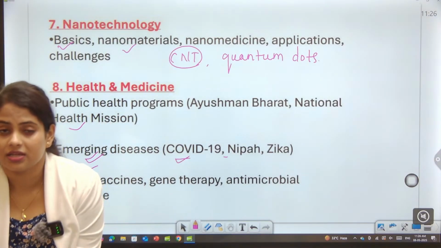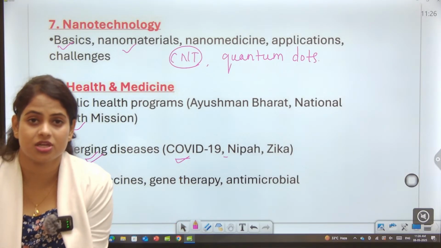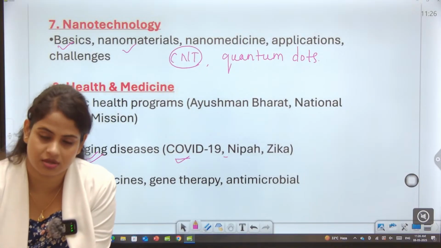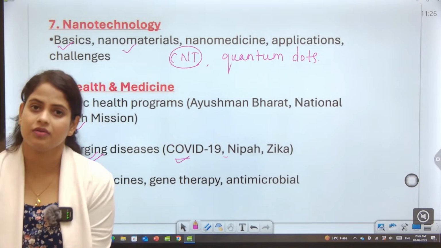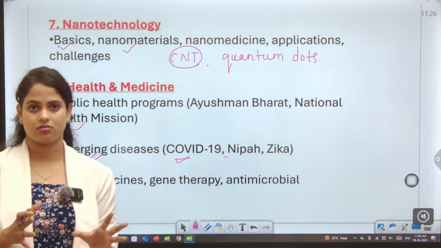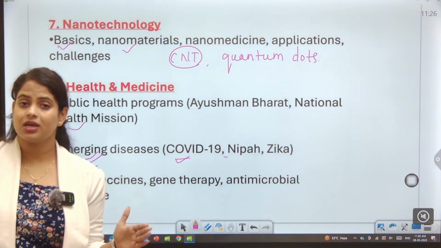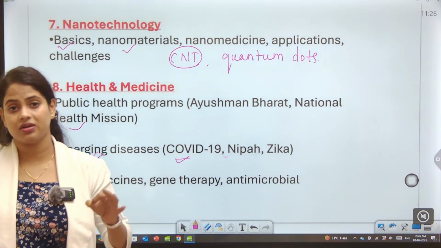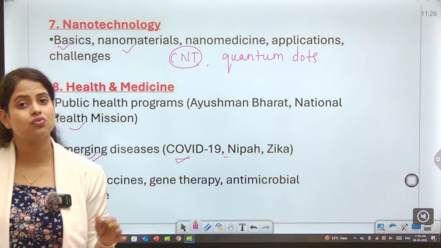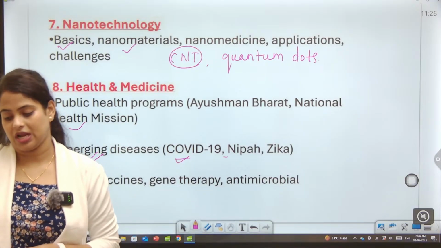If you clear these topics, you can have a good score in the examination, and we will discuss them in the class if you join the batch. But if not, and you want to secure a good score, then please link any topic you are reading in science and tech with the current affairs you are reading in your day-to-day life.